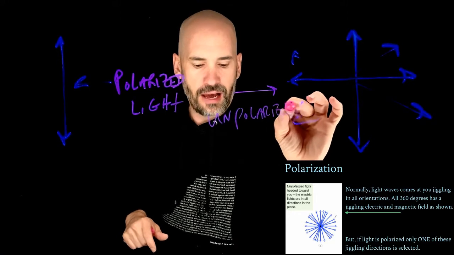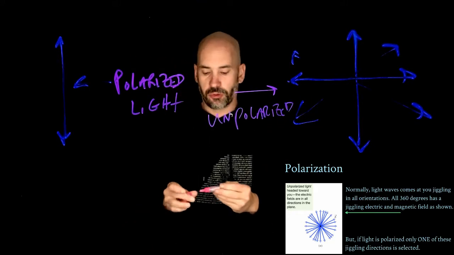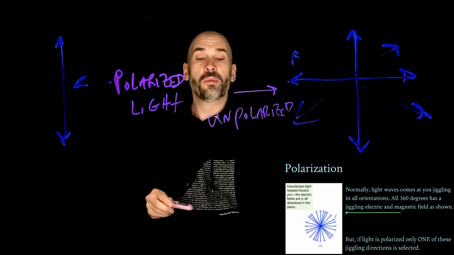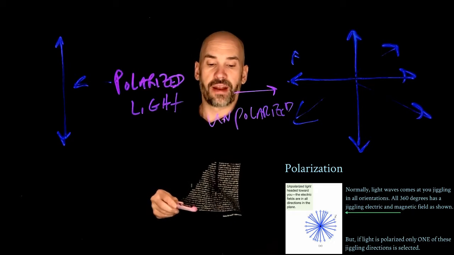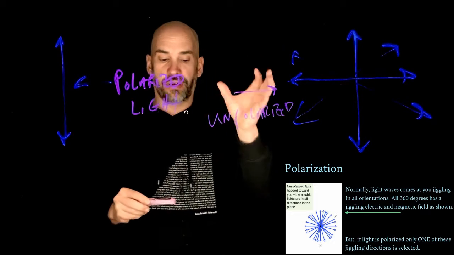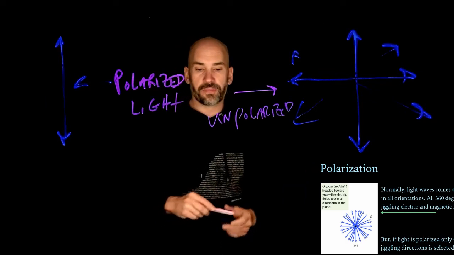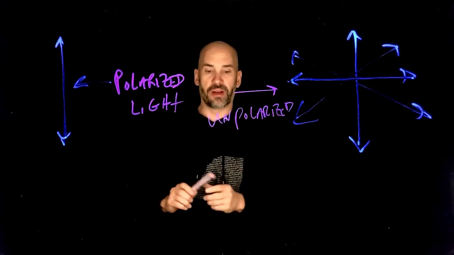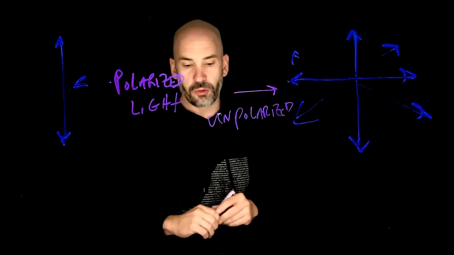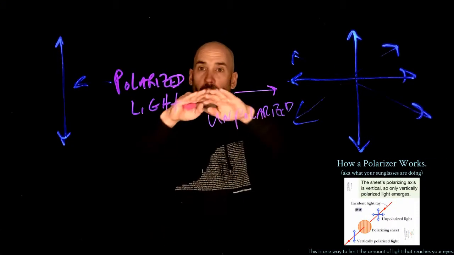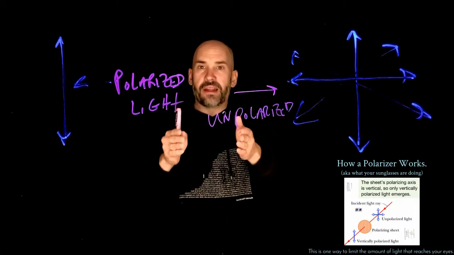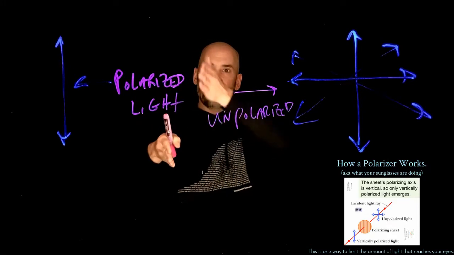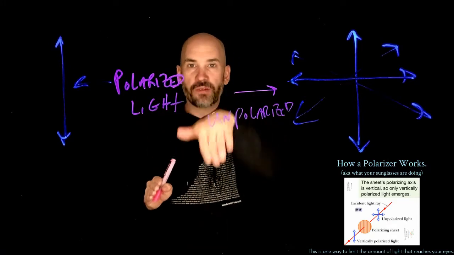Now, there's a very basic mathematical rule as to how much light a polarizer will cut out depending on what angle the polarizer is at. You can see from this drawing how a polarizer works. You have this polarizing sheet that almost has these little gratings that allow light to only move in one direction.